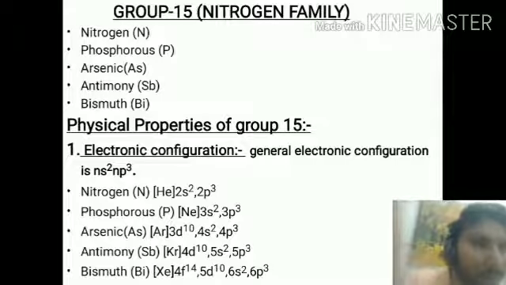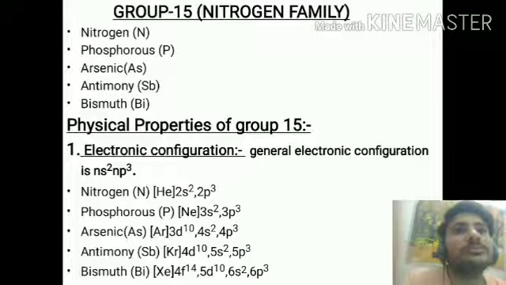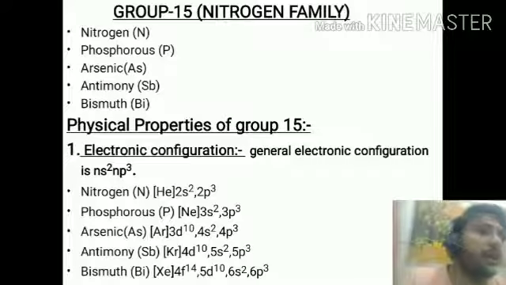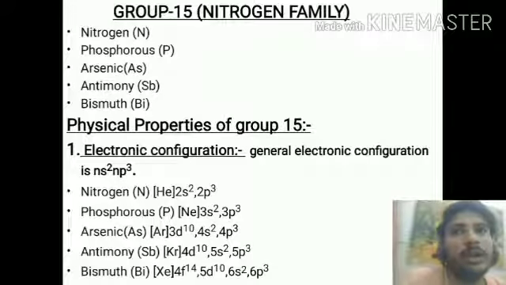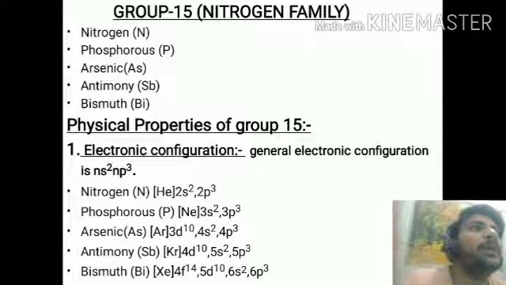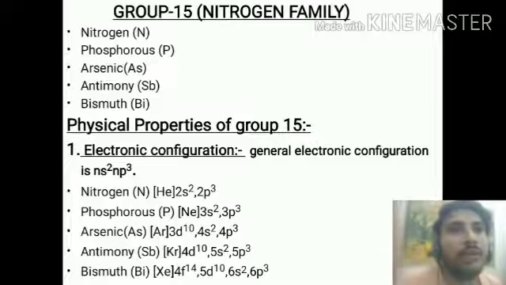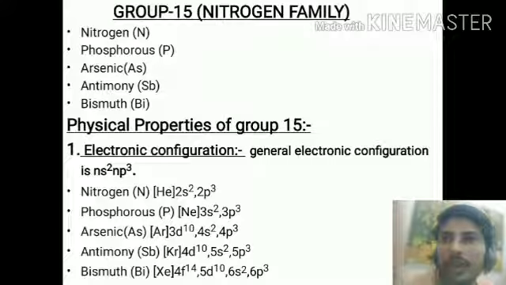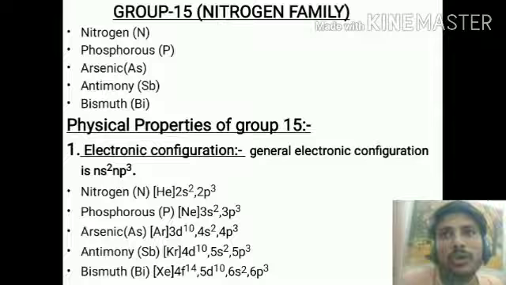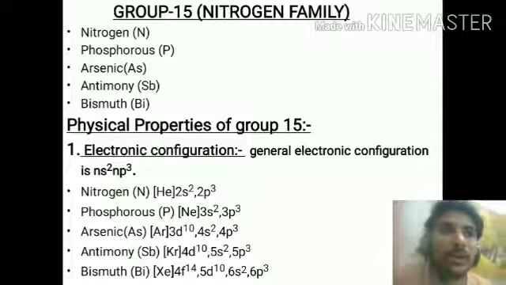Most important thing: why do we call it a P block element? Because the incoming electron enters into the P subshell. That's why we call it a P block element. Why do we call an S block element an S block element? Because the incoming, or we can say the last, electron enters into the S orbital.